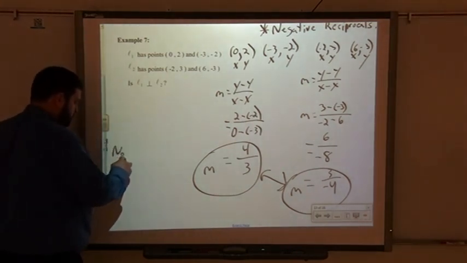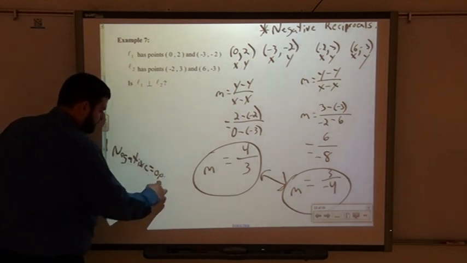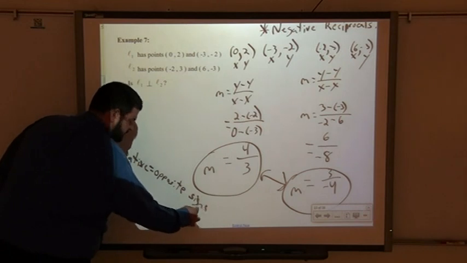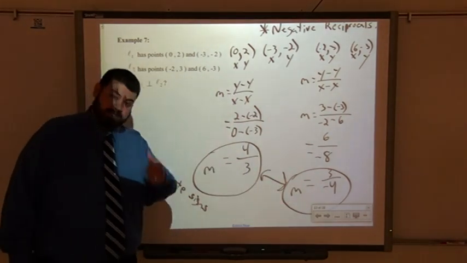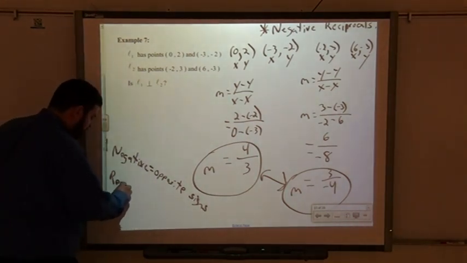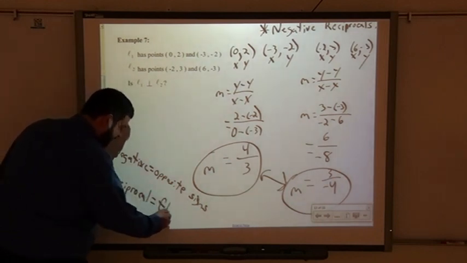And this is where the clue of negative reciprocals comes into play. Negative means opposite signs. Okay? Are those opposite signs? One's negative, one's positive. That's true. If you remember from Algebra 1 last year, reciprocal means flip.